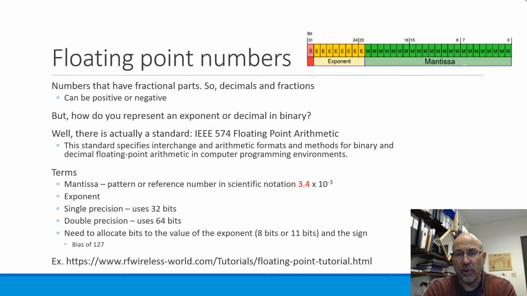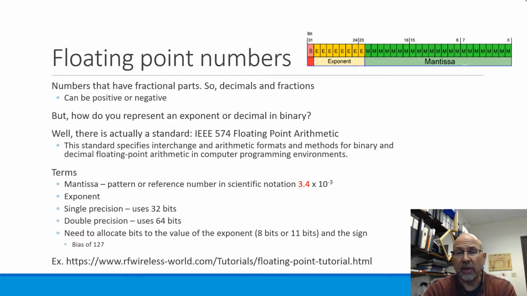So in the red here, 3.4, that's the mantissa. And then we've got this exponent that we have to deal with. So we've got to have some way to tell the system how big the number is. And then we got to tell the system what the exponent actually is, right? And then we've got to determine whether or not it's positive or negative.